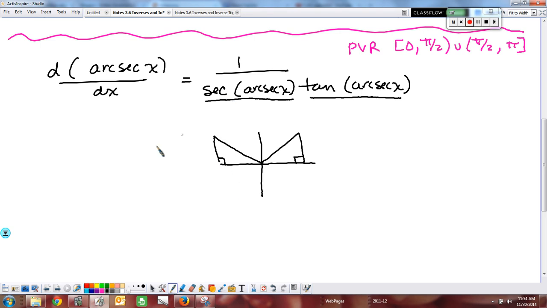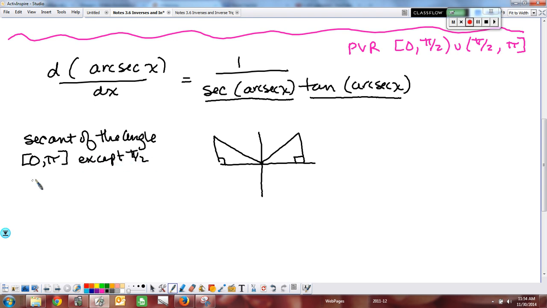So I'm trying to find, let's do this one first, I want to find the secant of the angle, I'm just going to cheat a little bit, 0 to pi except pi over 2, because that was the asymptote. Secant of the angle between 0 and pi, except for pi over 2, such that the secant ratio is x.